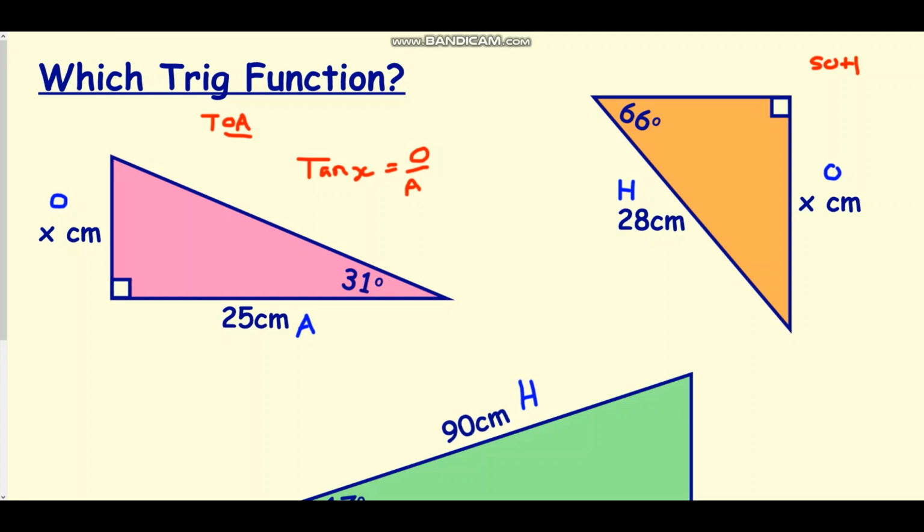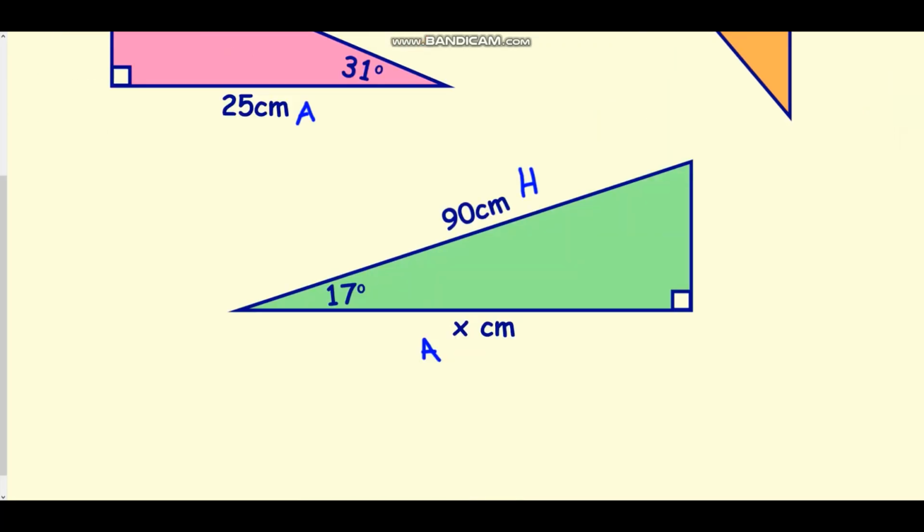So we should be using sin x equals O over H for this example. And for the last example, we've got A and H, so that's CAH in SOHCAHTOA, and we'll be using cos x equals A over H.